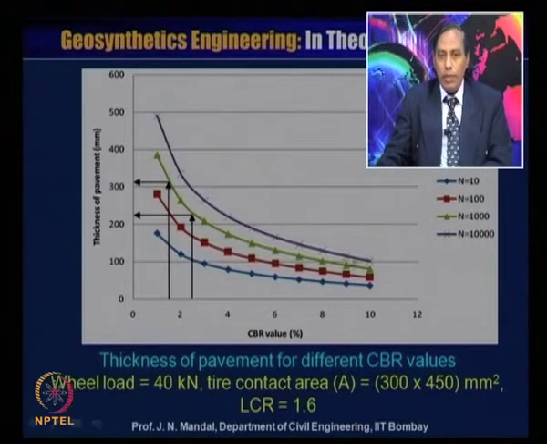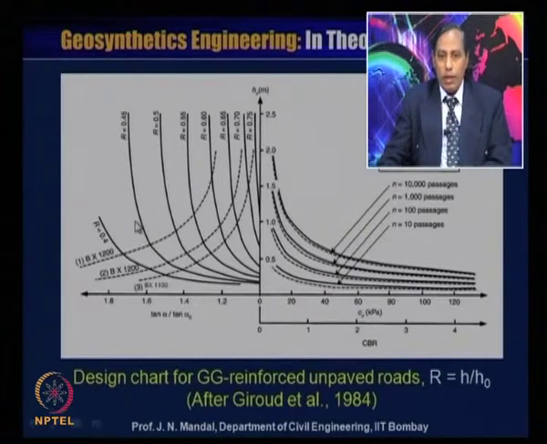So from this chart also, if you know the wheel load, which is 40 kilonewton, the tire contact area of 300 into 450 millimeter square, and LCR of 1.6, for any value of CBR you can directly calculate the thickness of the pavement. For 1.5 it is about 300 something, and for this 2.4 value it will give about 237. So this design chart has also been made.